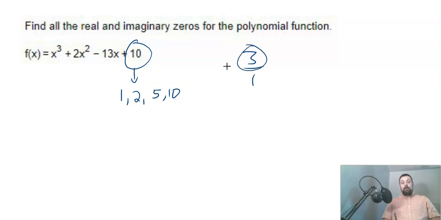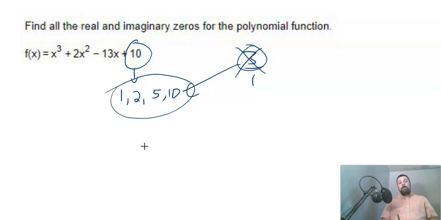The numerator is 3, which is not one of the numbers on this list, and so it can't possibly be a 0 of the polynomial, because any rational 0 would have to have a numerator that matches one of these numbers here. So any number that doesn't have a numerator that matches one of these numbers cannot be a 0 and is not worth looking into any further. I can immediately exclude 3 from consideration here because the numerator doesn't match one of these numbers.